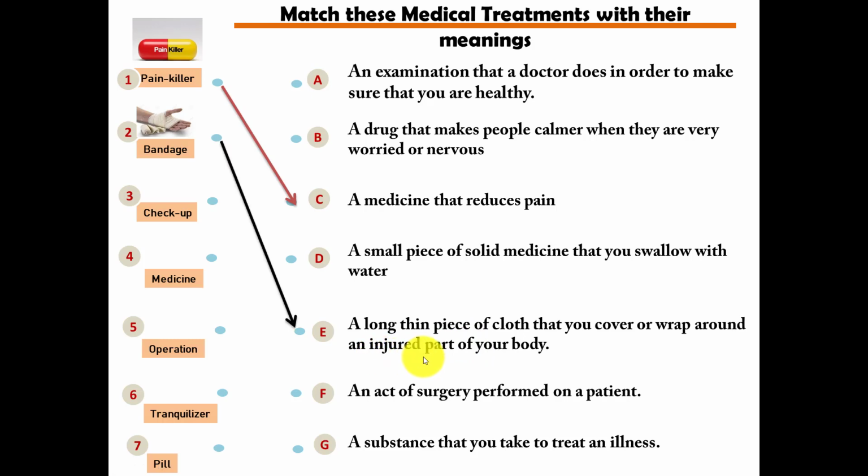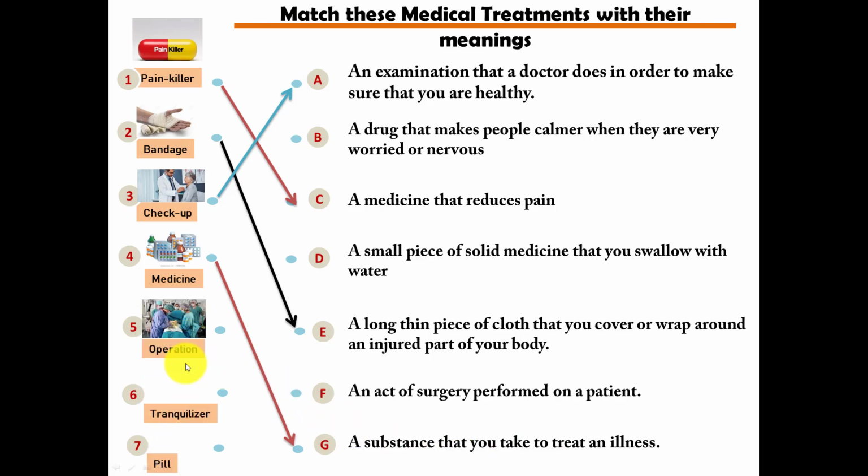Great. Number 3, checkup. Yes, checkup is an examination that doctor does in order to make sure that you are healthy. Next, number 4, medicine. Great. A medicine is a substance that you take to treat an illness. Number 5, operation.